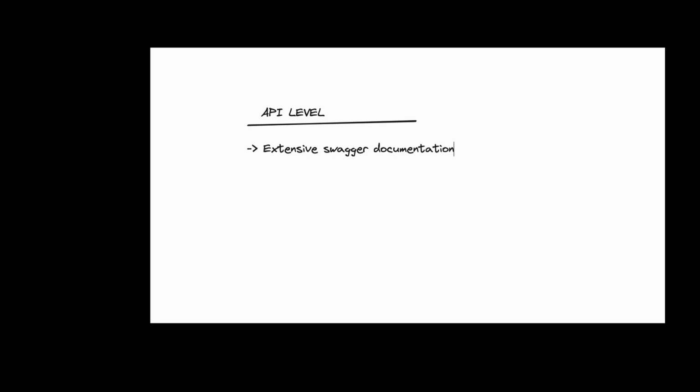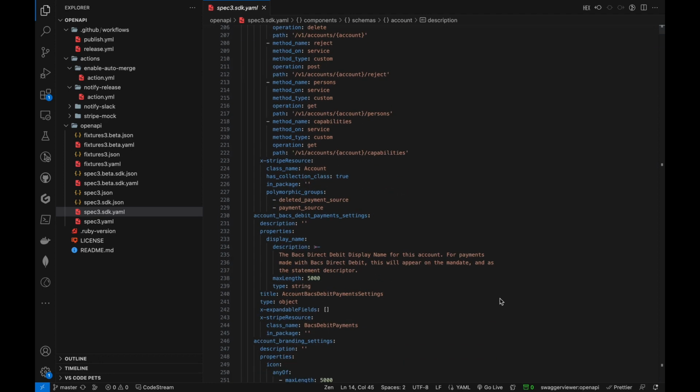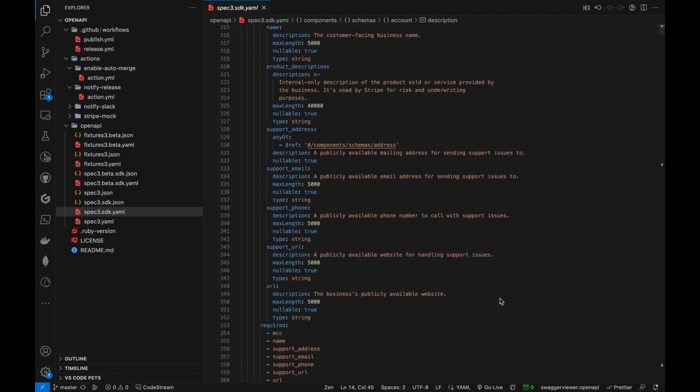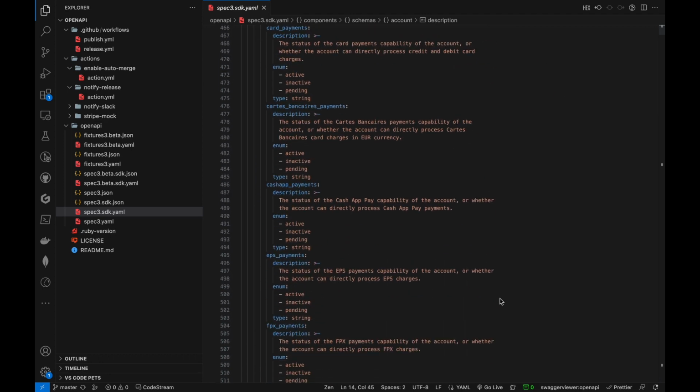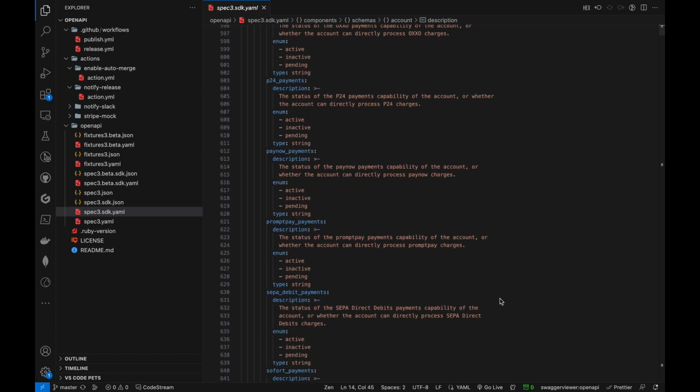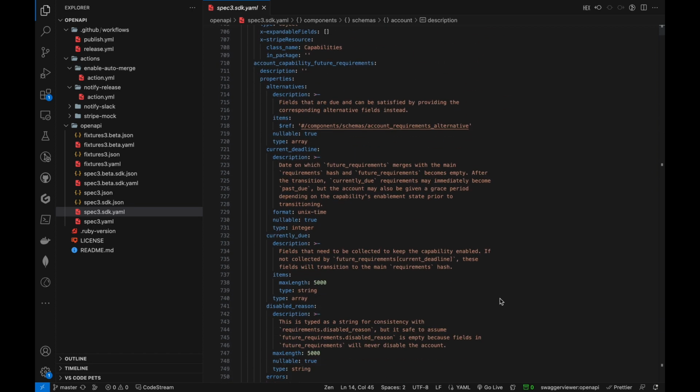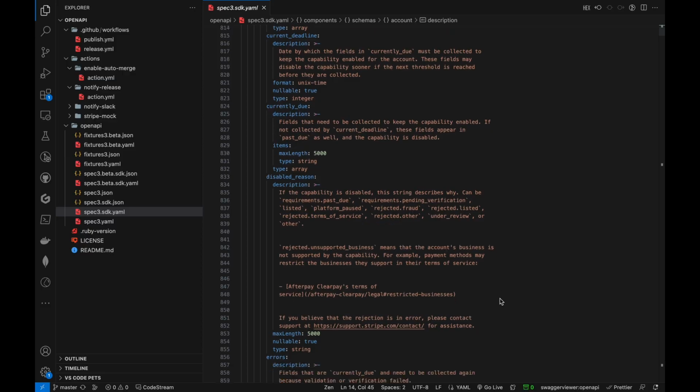The process of auto-generating SDK code starts at the API level, since SDKs are for the most part wrappers around existing APIs. At the API level, developers write very extensive OpenAPI specs for the API.